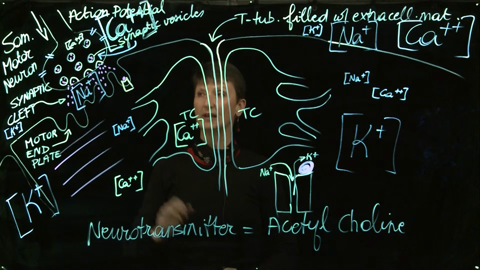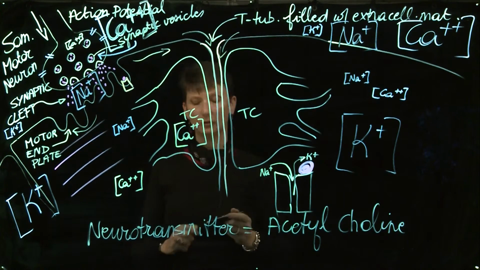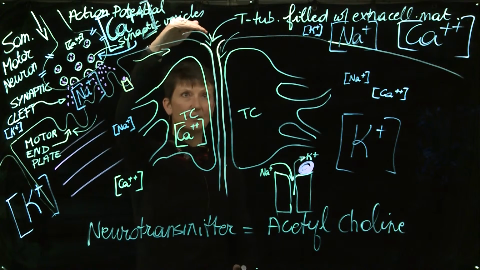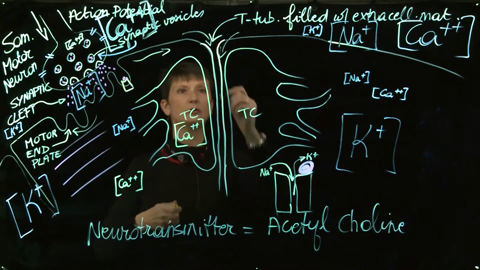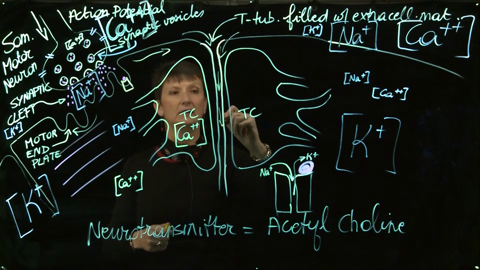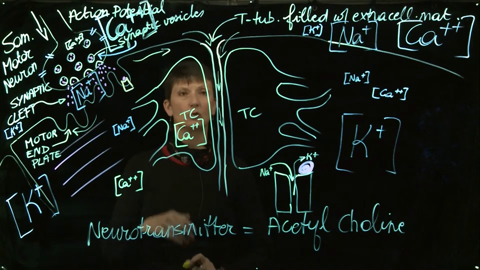We have to add two more ions. One is potassium. Potassium has, in all of our cells, it doesn't matter which cell, a much higher concentration inside of cells than on the outside of cells. And the opposite is the case for sodium.